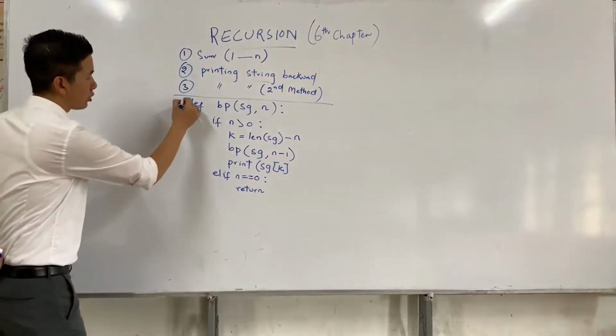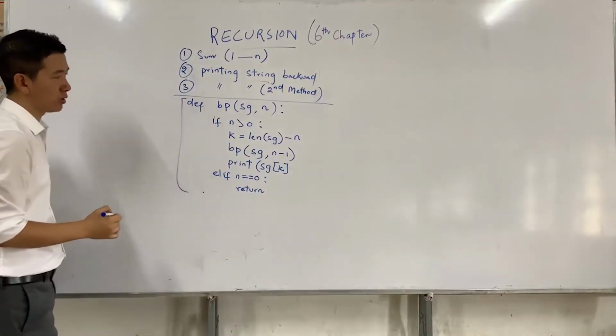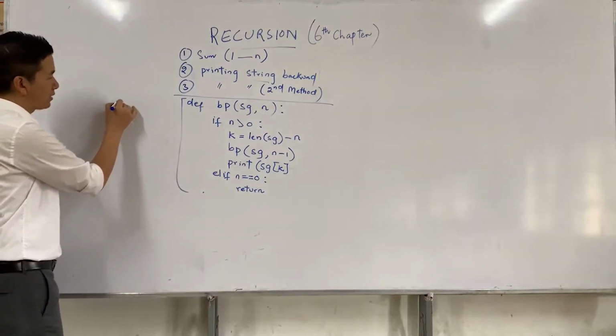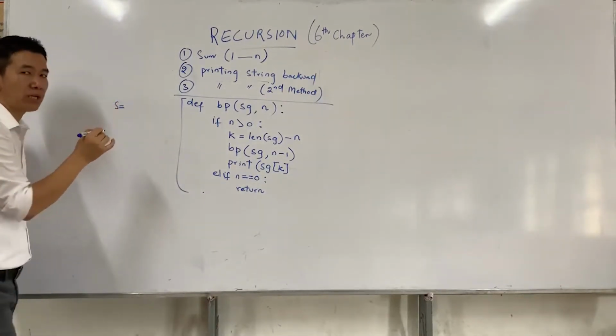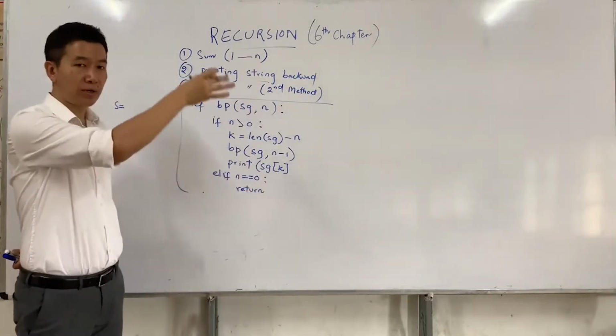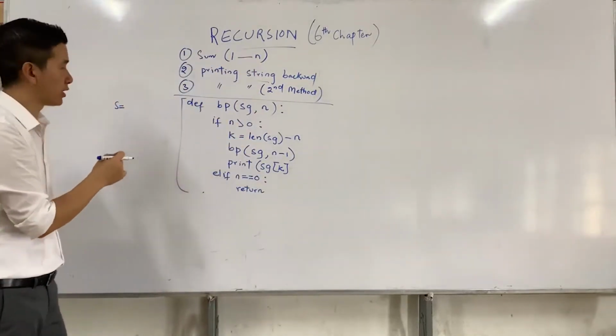And so this is nothing but the function definition, and then you will have the function call. S is equal to, this time I'll just keep the number of characters to 3 in order to minimize the number of frames up on the stack.